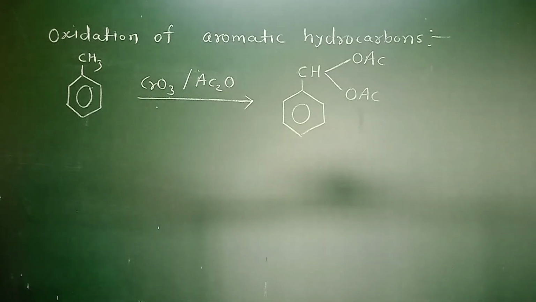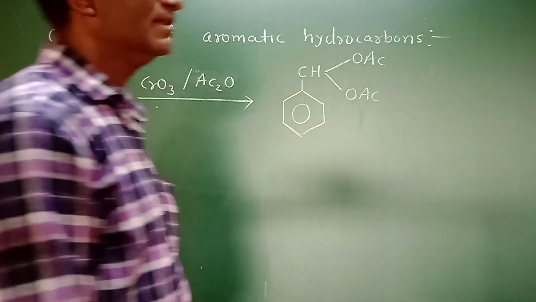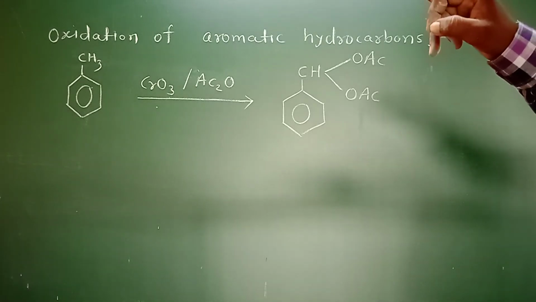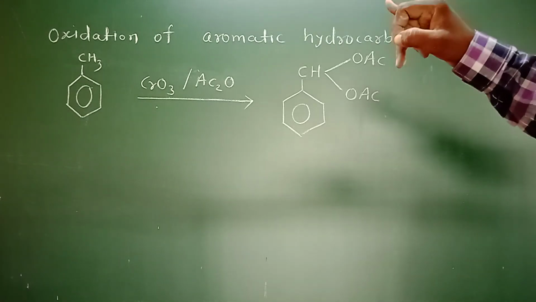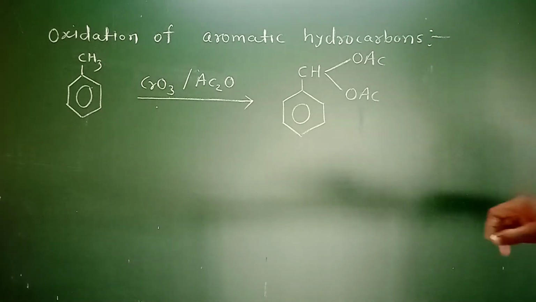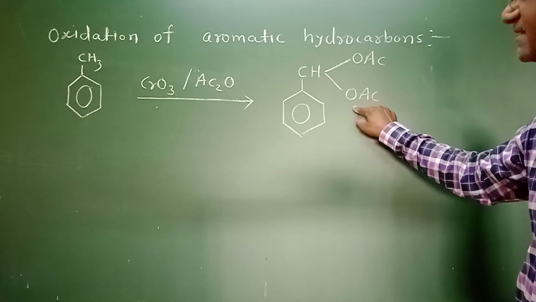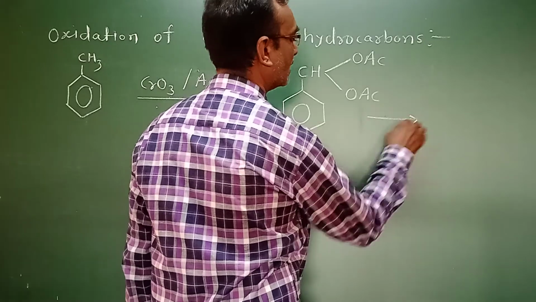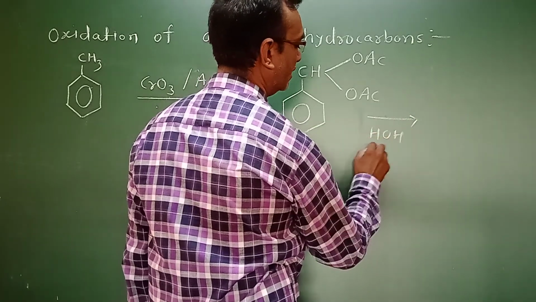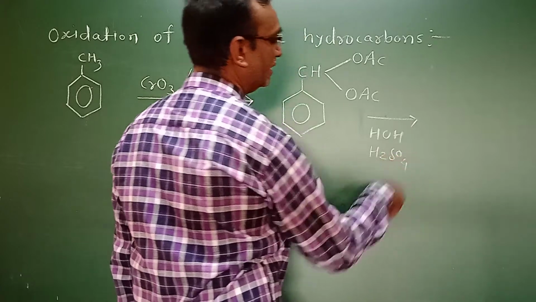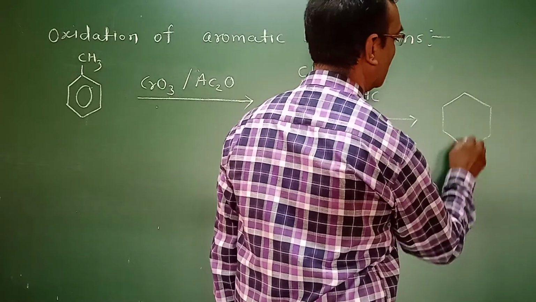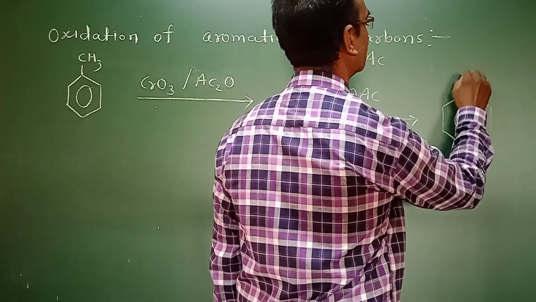If we see the reaction, this is one of the most successful reactions because this methyl group removes 2 electrons to form diacetate, that means CH(OAc)2. This is the diacetate product of toluene, and this diacetate product with H2O and H2SO4 will give the formation of dihydroxy product like this.